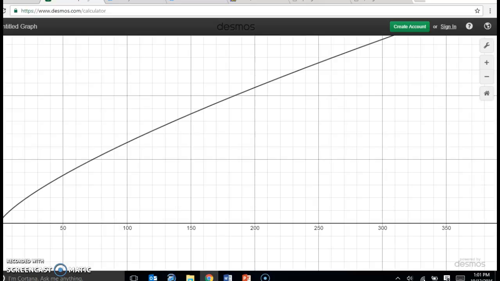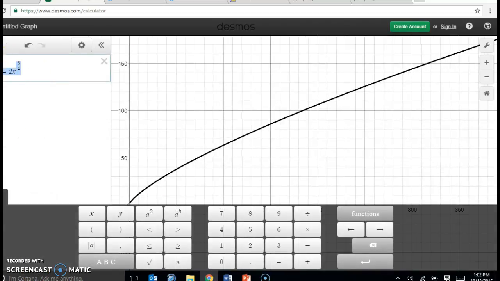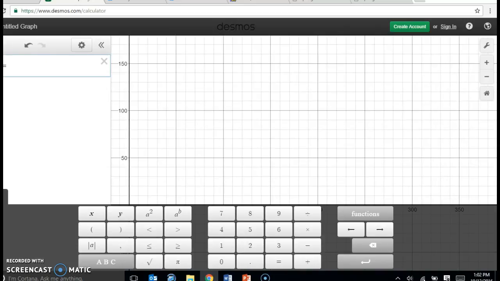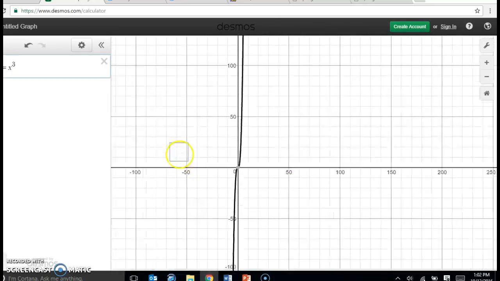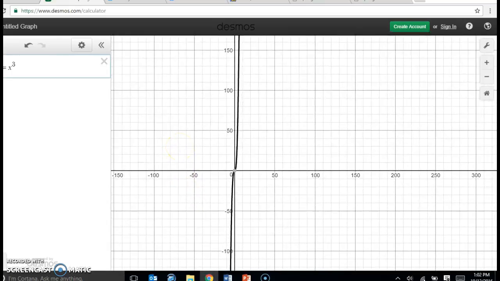No, but I have a question. Yes. If it starts over here and then it goes up, crosses the origin, and keeps going, like x to the third, what would we say for increasing or decreasing?